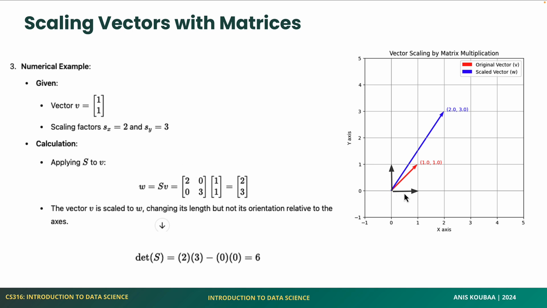This is our vector, 1 here and 1 here. I will take the scaling matrix with factor 2 in this diagonal entry and factor 3 in this one. I'm going to scale this number by 2 and this number by 3, and this results in the vector 2 on the x-axis and 3 on the y-axis.